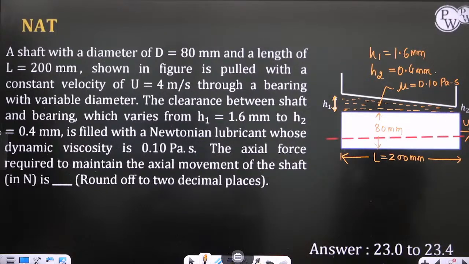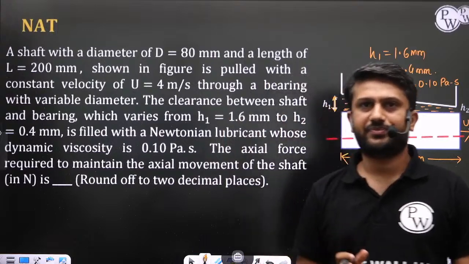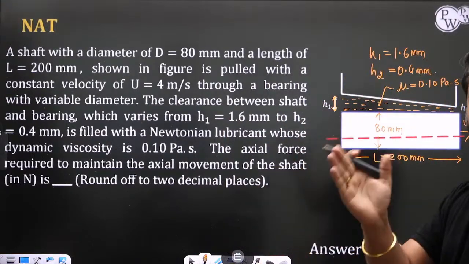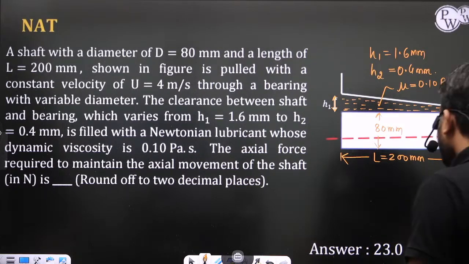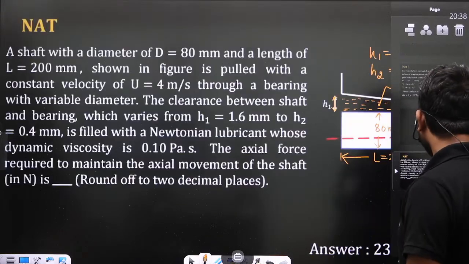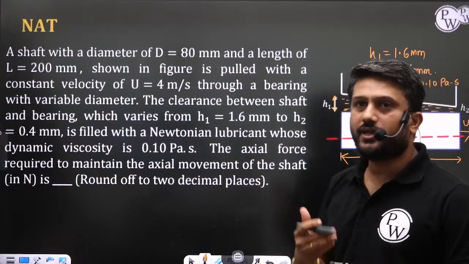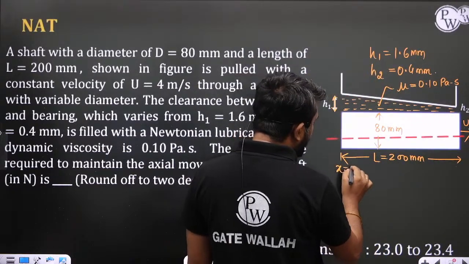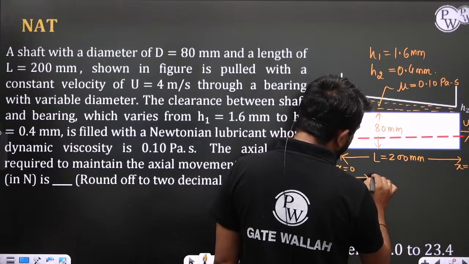The concept related to this problem we already discussed in the previous class, in the previous session. Beta, I already told you, whenever you get this kind of problem where the gap varies linearly with respect to the length, let us consider this is x equal to 0 and this is x equal to L, and this is the x direction.